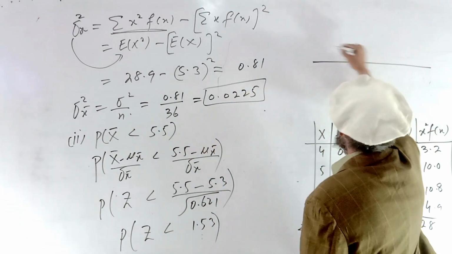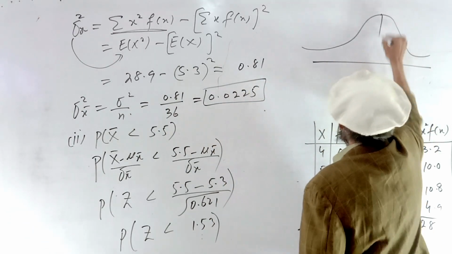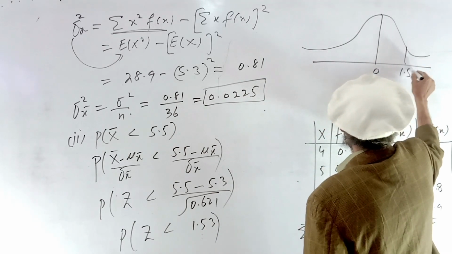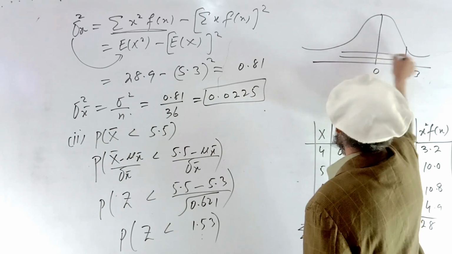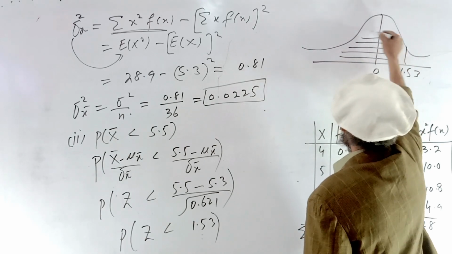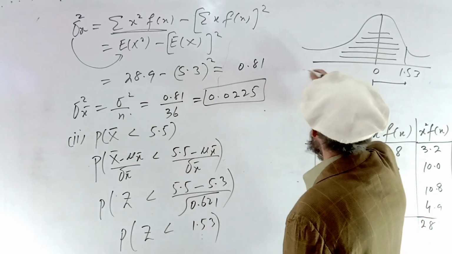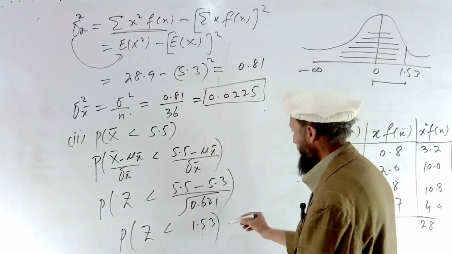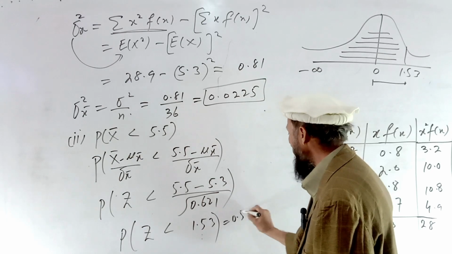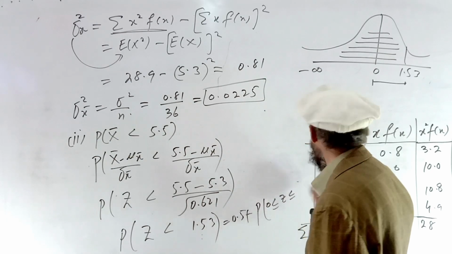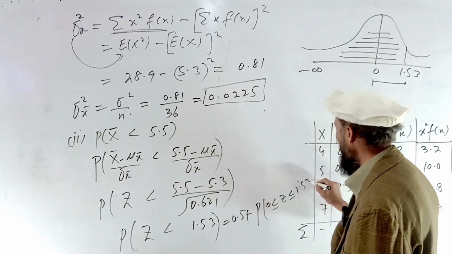Now how do we calculate this area? Less than 1.53 means this whole area is involved. We calculate from 0 to 1.53, but less than is from minus infinity up to it. So we can write 0.5 plus the probability of 0 less than or equal to z less than or equal to 1.53.